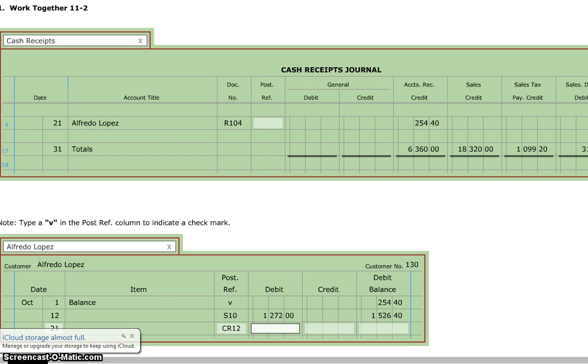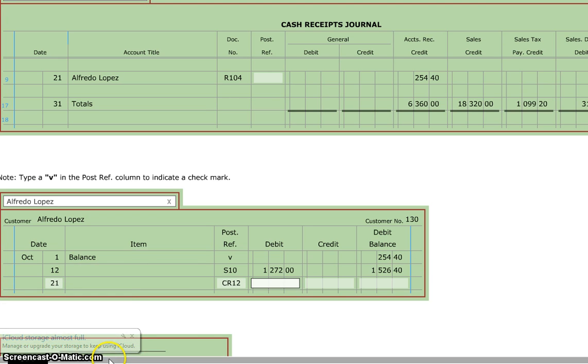So we plug that number in for Alfredo for $254.40, into the correct column, credit. And because we have a debit balance that's running and a credit entry, we have to subtract. So we're going to take the $1526.40, subtract that $254.40, and now we should have a balance in the column of $1272. And we take that 130, plug it in here to show it's been posted.